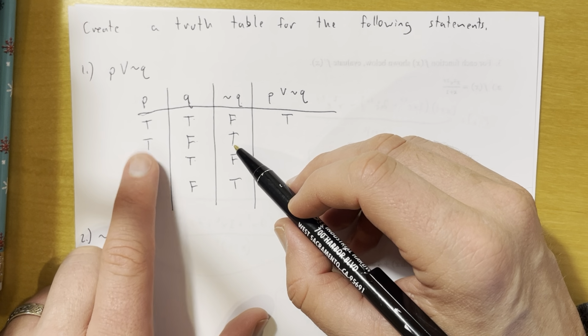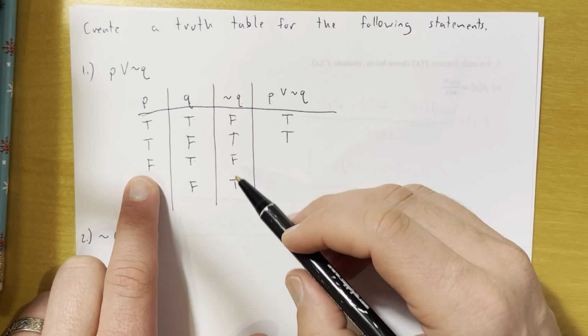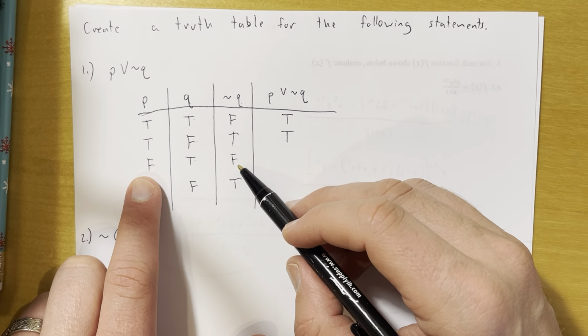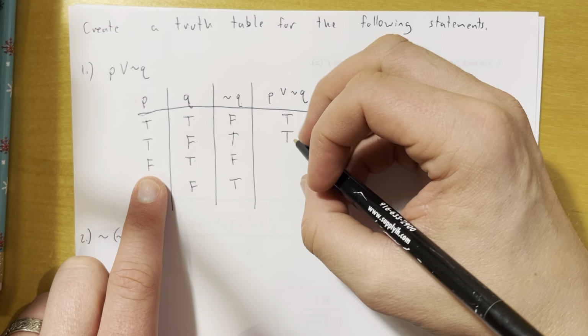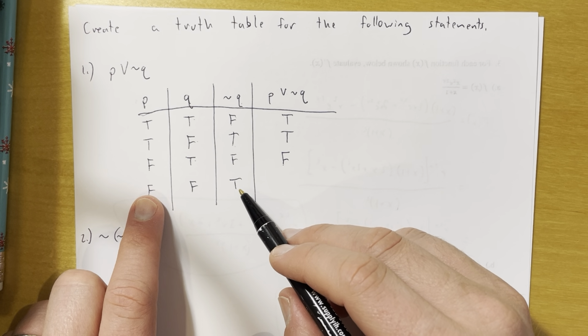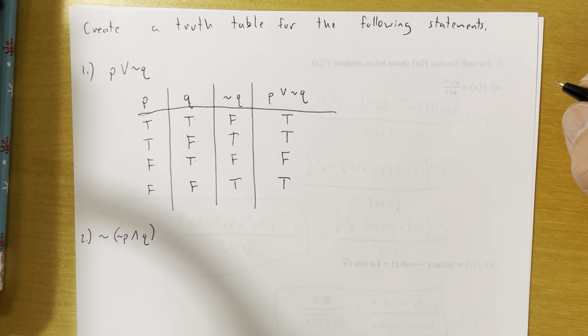Once again, I have another true statement appearing here, which means the disjunction will be true. In this third row here, both P and not Q appear to be false, which means the disjunction is false. And then finally, in this last row, not Q is true, which means the entire compound statement is true.